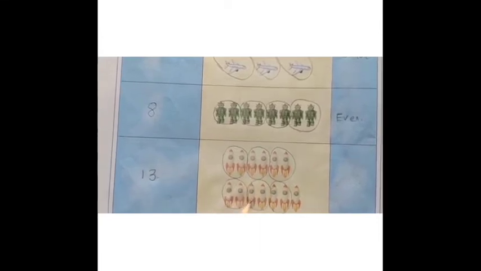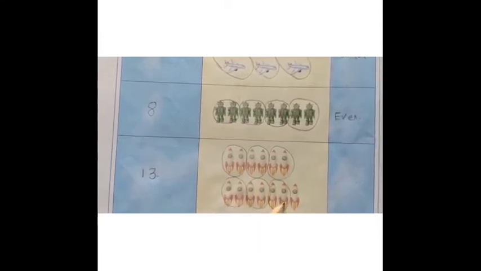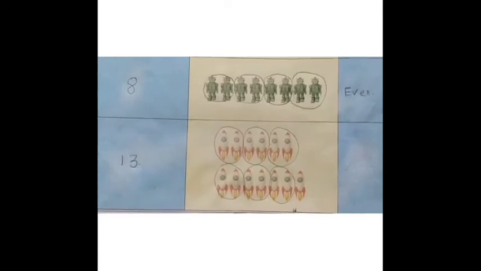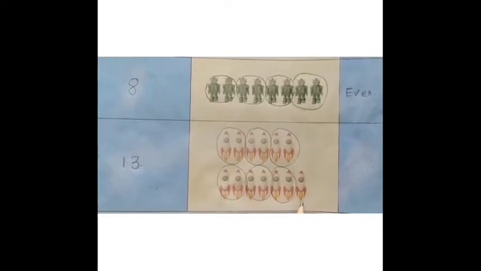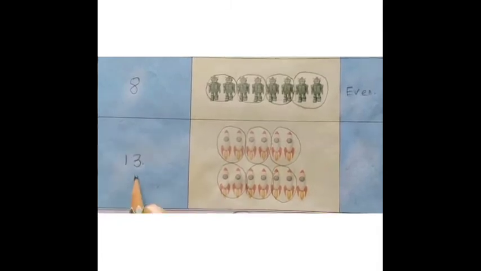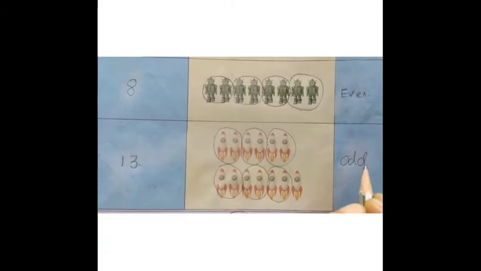There are 6 pairs. Balance we have 1 rocket. It does not have its pair. So, 13 is an odd number.